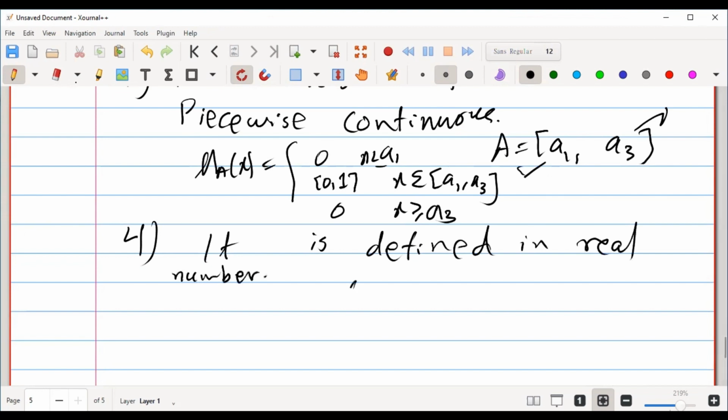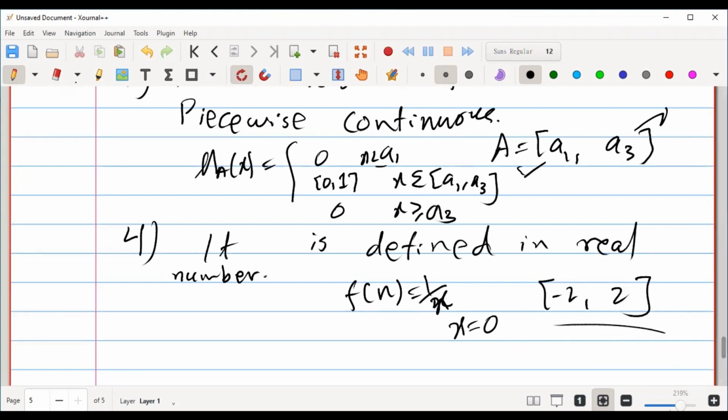If I have a function f of x is equal to 1 upon x, and I take the interval -2 to 2, but between -2 and 2 the point is 0, and the function 1 upon x is not defined at x is equal to 0. At x is equal to 0, f of x is equal to 1 upon x is not defined. So the fuzzy number must be defined in real number. If these four properties are satisfied, we call the number a fuzzy number.